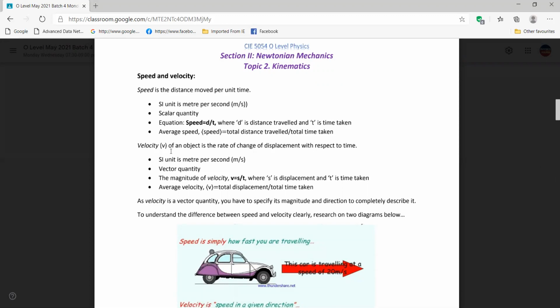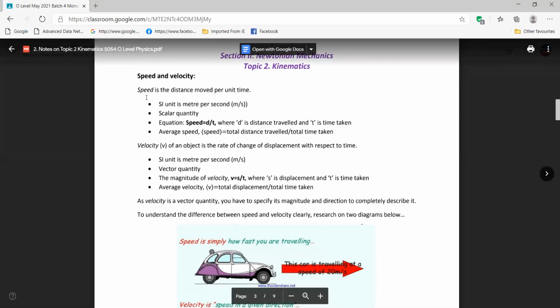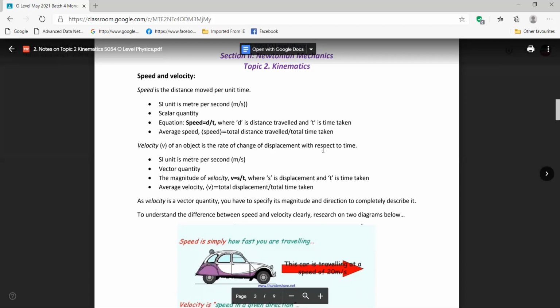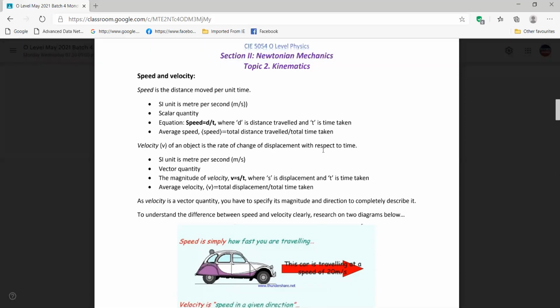Velocity of an object is the rate of change of displacement with respect to time. So velocity is displacement over time, and speed is distance over time. Speed is a scalar quantity, as distance is a scalar quantity, and velocity is a vector quantity as displacement is a vector quantity. So is it clear?